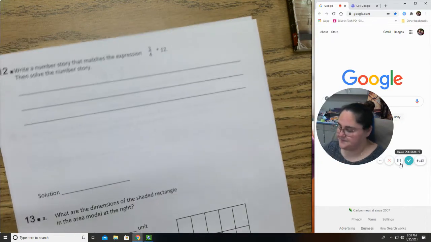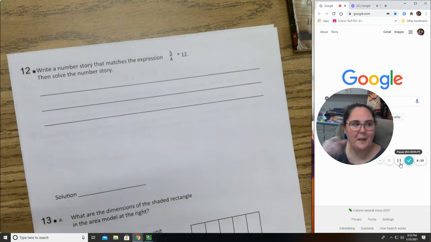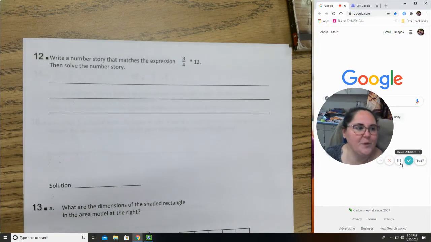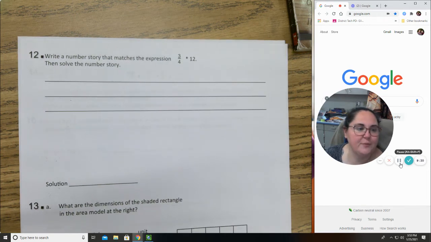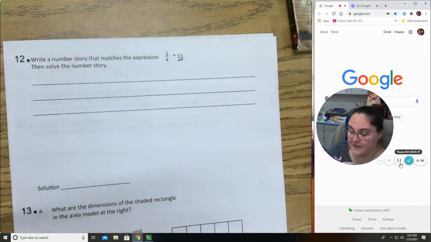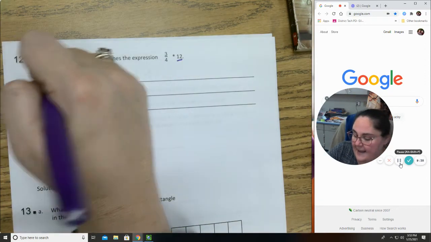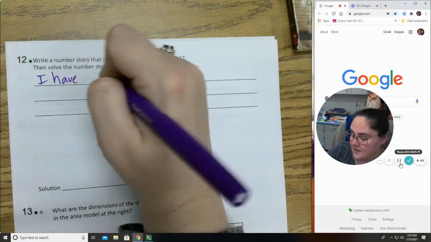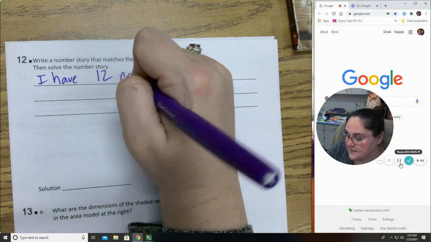Number 12. Write a number story that matches the expression 3/4 times 12. All right, I'm going to start with my whole number. That's easiest for me. I have 12 crayons.